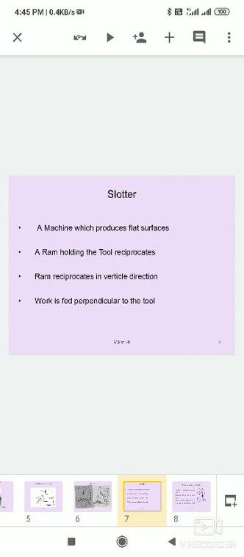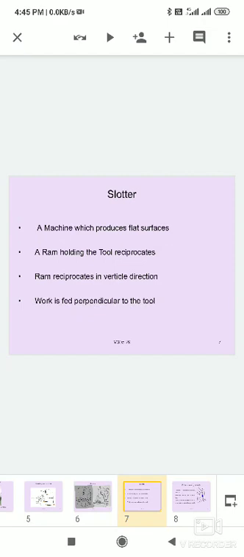In slotter machine, it is a reciprocating type machine in which the ram holding the tool reciprocates. Reciprocates means it moves in the vertical axis, meaning the cutting tool moves in vertical direction.